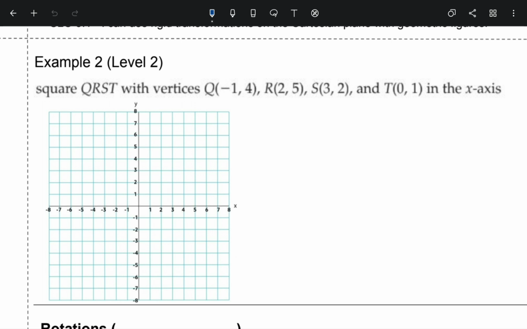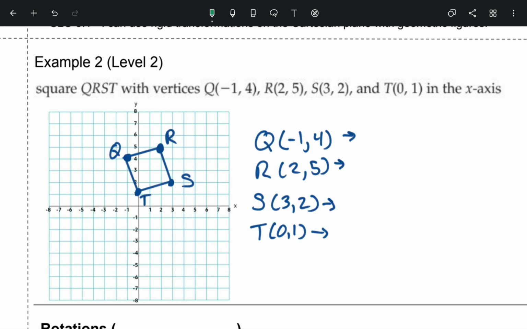So for this example, we have a square QRST with the vertices (-1, 4) for Q, R is (2, 5), S is (3, 2), and T is (0, 1). So I've gone ahead and graphed our pre-image. Now we want to reflect it across the x-axis. So we're going to cross this axis right here, and to find our new coordinate, we just change the sign on the y coordinate.